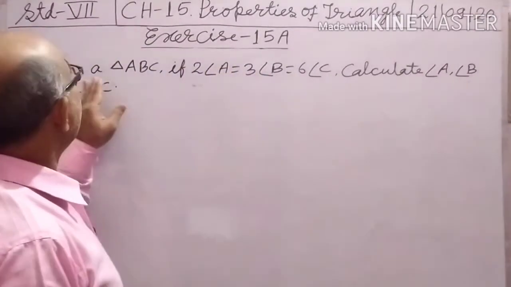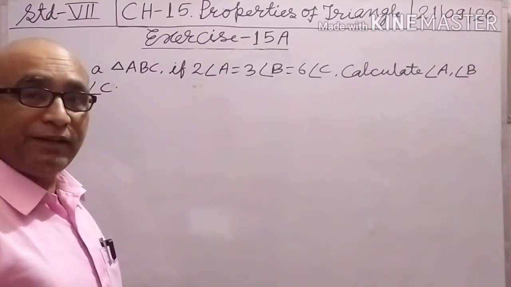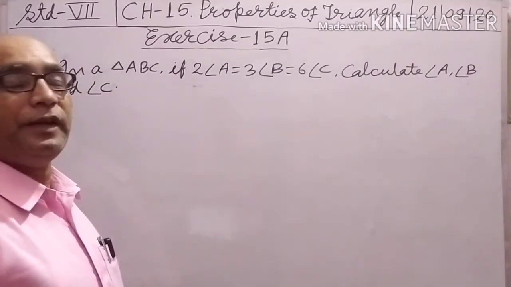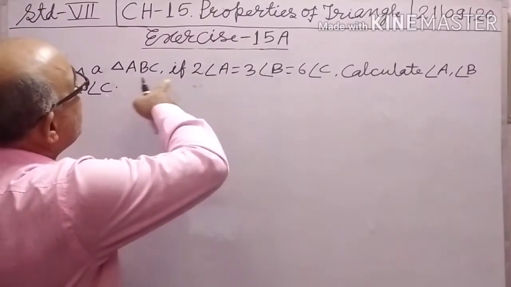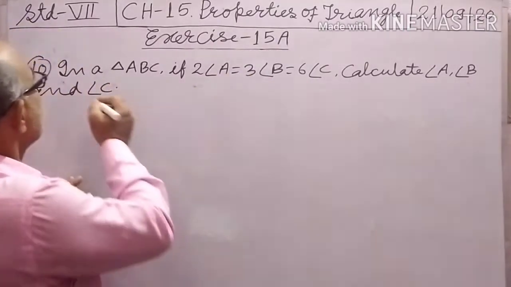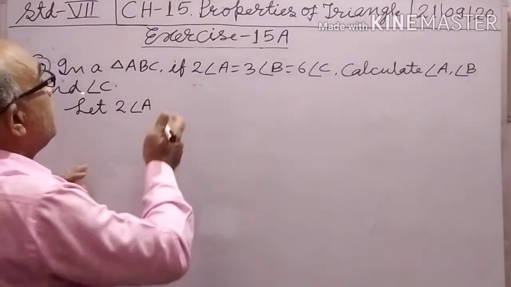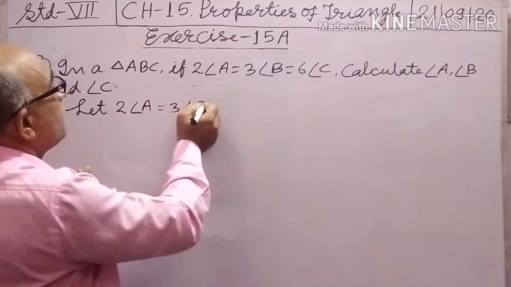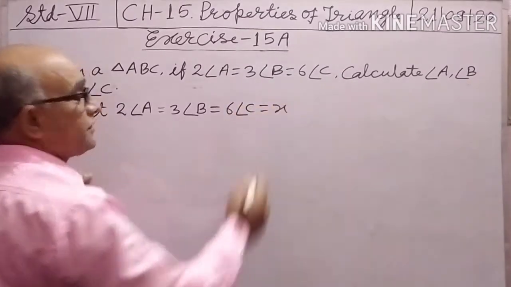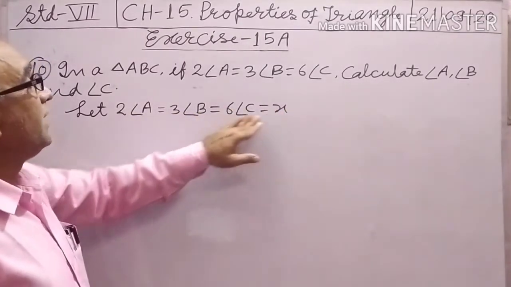In this question, in a triangle ABC, if 2 angle A equal to 3 angle B equal to 6 angle C, calculate angle A, angle B and angle C. Students, given in triangle ABC, 2 angle A equal to 3 angle B equal to 6 angle C. So let 2 angle A equal to 3 angle B equal to 6 angle C equal to X.